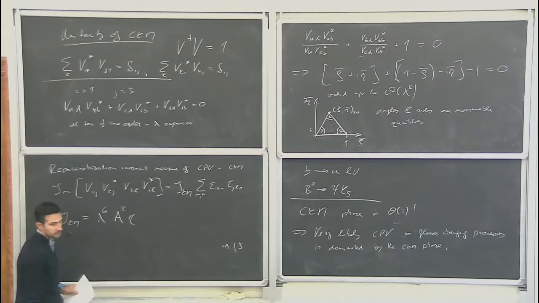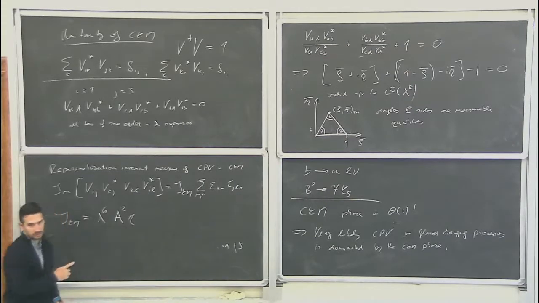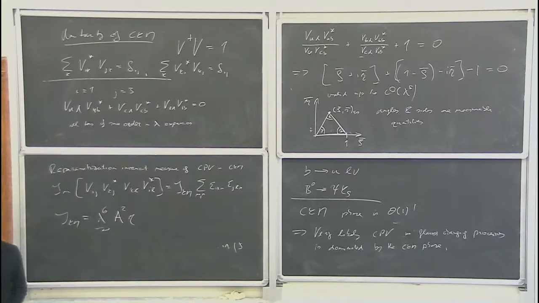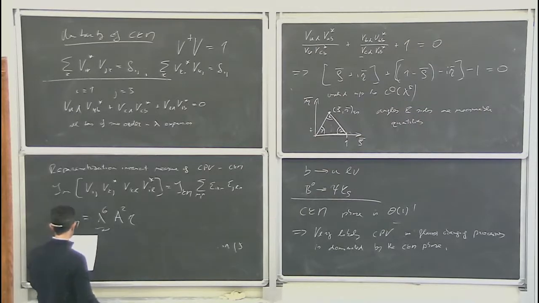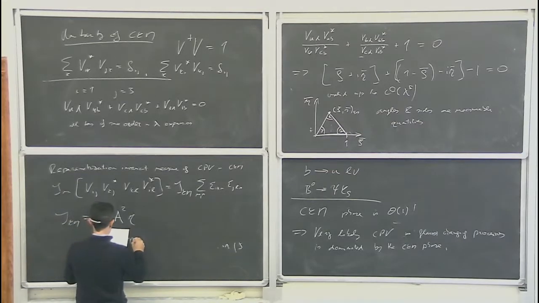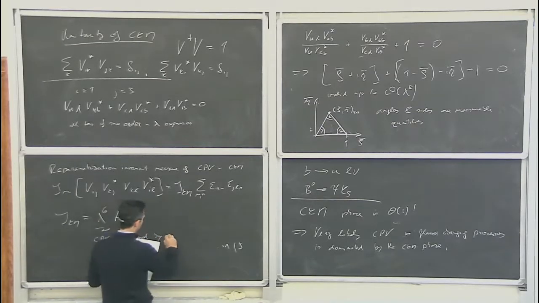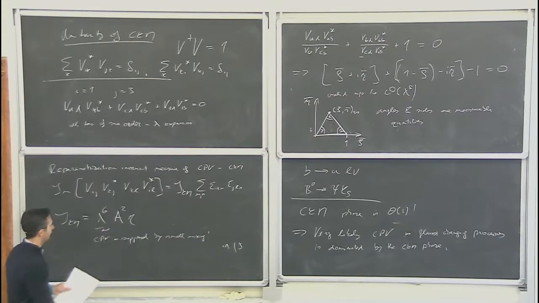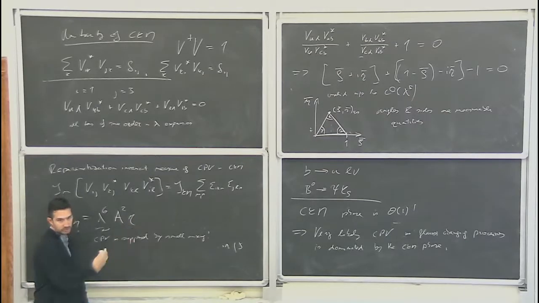So what this means is that, first of all, the smallness of CP violation is in fact due to the smallness of lambda, so the hierarchical almost diagonal structure of the CKM. So CP violation is suppressed by small flavor mixing.